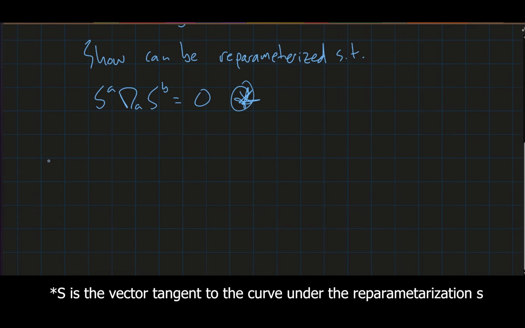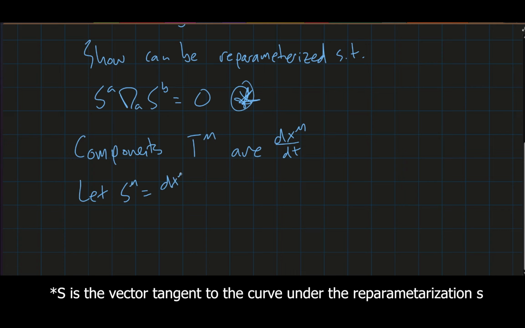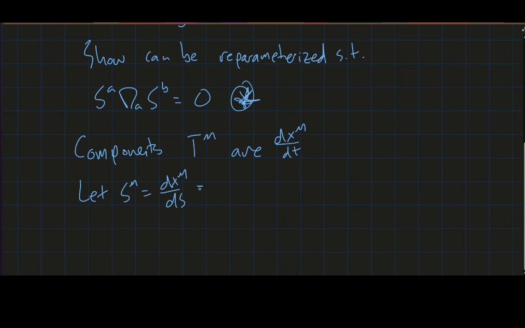Okay, so let's remember that the components of these tangent vectors look like dx^mu by dt. So what we're going to do is let S^mu equal dx^mu by ds, which by virtue of the chain rule tells us that it is dx^mu by dt, dt by ds.